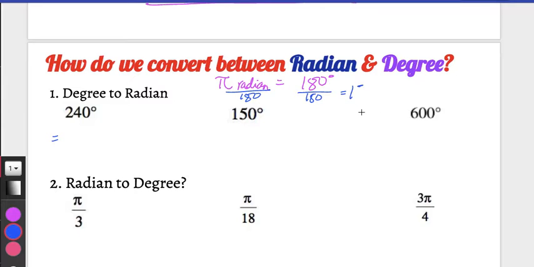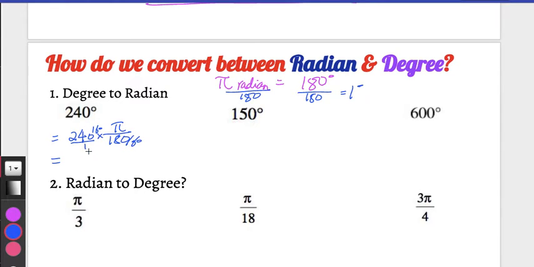So I just need to multiply by this. It's 240 times pi radians over 180 degrees. All I need to do is simplify the fraction. Since there is no fraction here, I just put something over 1, and I can divide both by 60. So I'm going to divide by 60 for both sides.